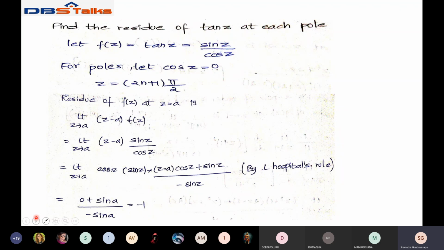So limit z tends to a, numerator is (z-a) sin z. The differentiation of (z-a) into sin z, this is the differentiation of uv, is (z-a) cos z plus sin z into 1. The differentiation of cos z is minus sin z. Now substitute the limits, we get sin a/(-sin a), that equals minus 1.